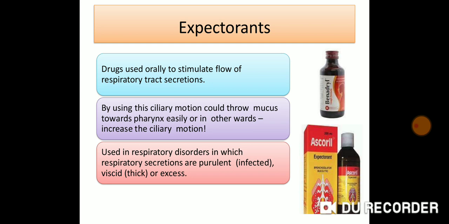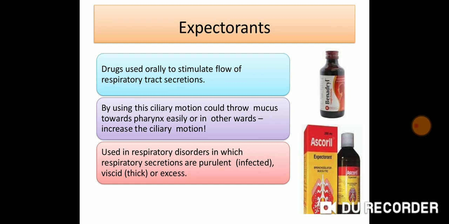Expectorants. Expectorants are the drugs which are used orally to stimulate the flow of respiratory tract secretions. By using this ciliary motion, mucus can be thrown towards the pharynx easily, or in other words, they increase the ciliary motion.